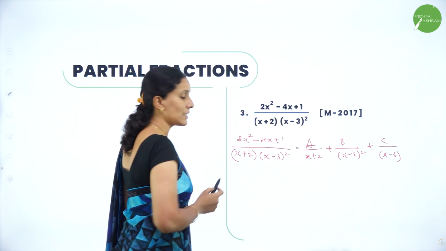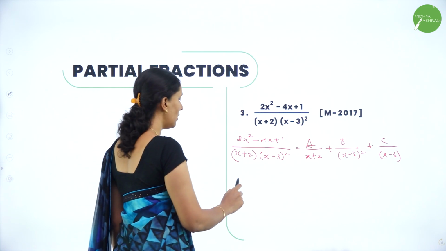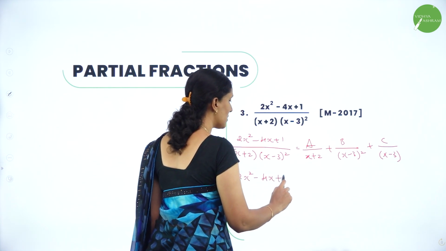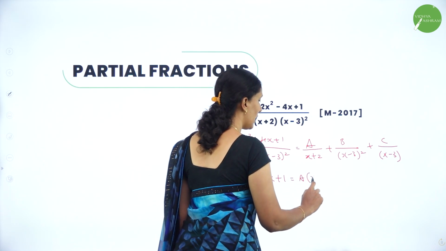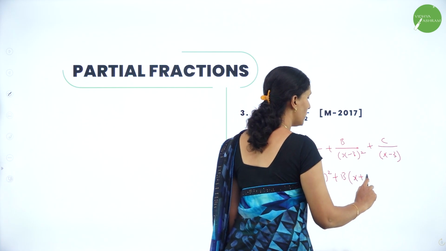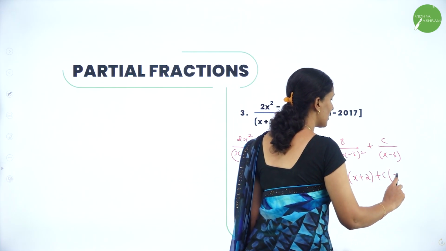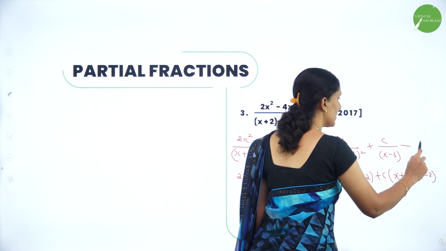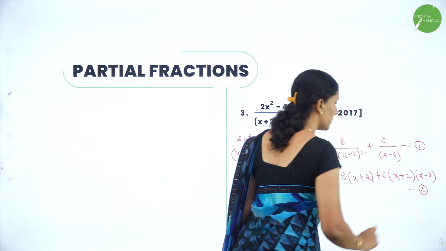Now taking the LCM and equating the numerator, we will get 2x square minus 4x plus 1 equals A into (x minus 3) whole square plus B into (x plus 2) plus C into (x plus 2)(x minus 3). So let this be 1, let this be 2.